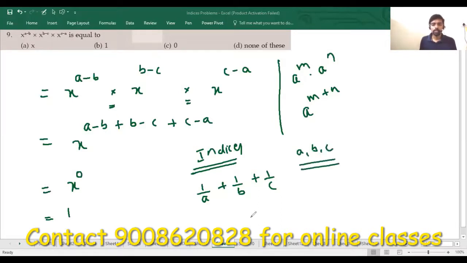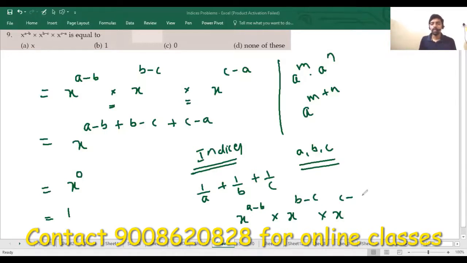So the first expression is x to the power a minus b. Now the second term, after a, what is the next variable here? b, correct? So I'll write b here. And after b, what is the next variable? c. So that's x to the power b minus c. And after c, is there a d here?